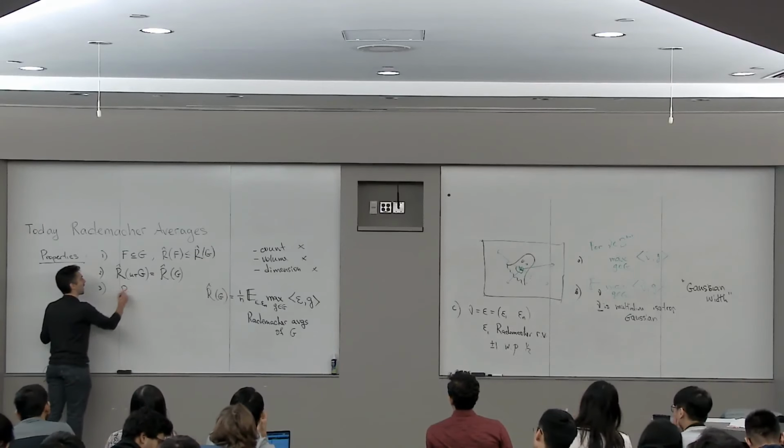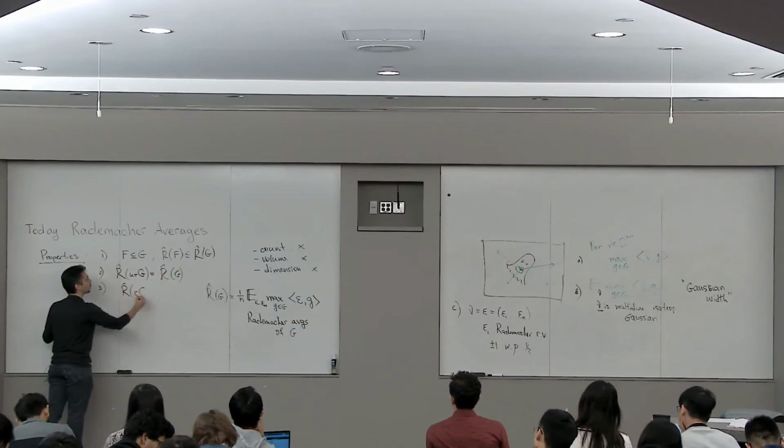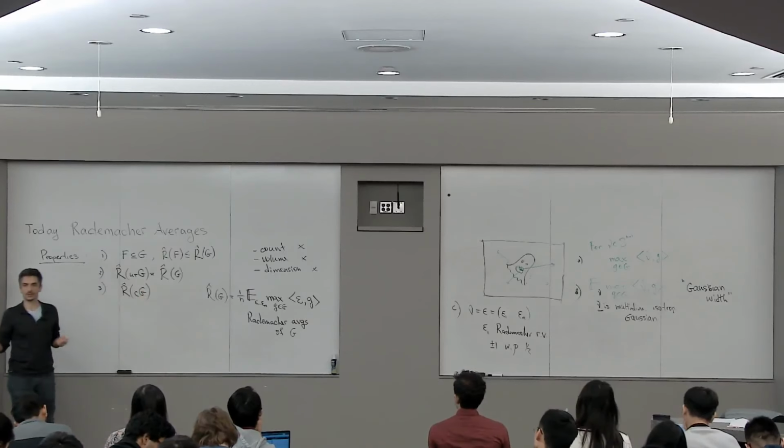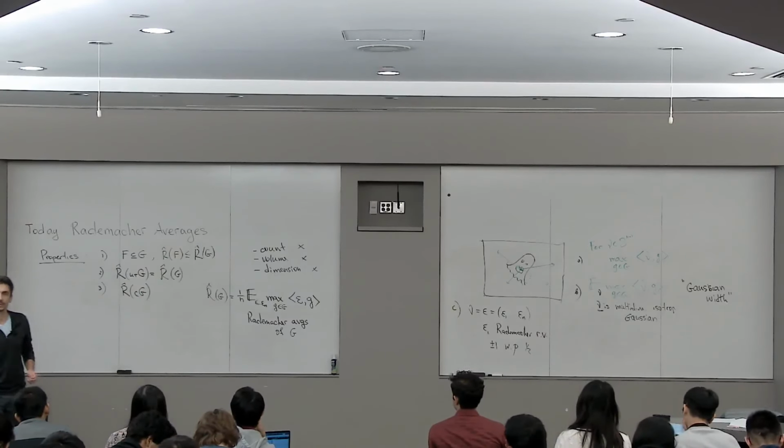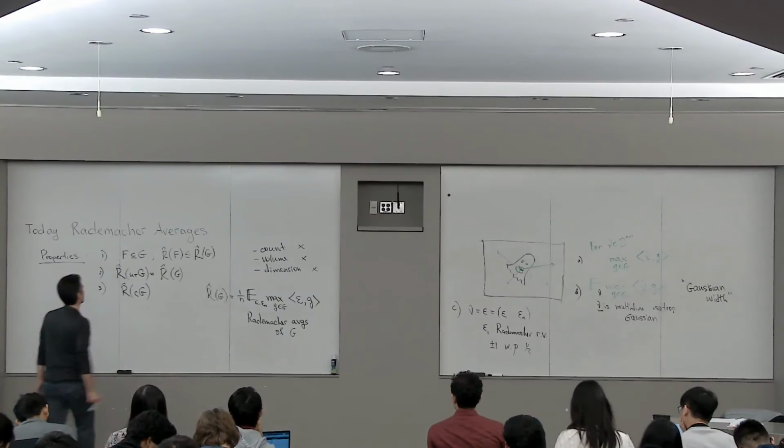What's another one? r hat of cG. If you scale your set, then this is going to be equal to the absolute value of c times r hat of G. If it's a positive constant, it will just come out. Now, what happens if it's a negative constant?